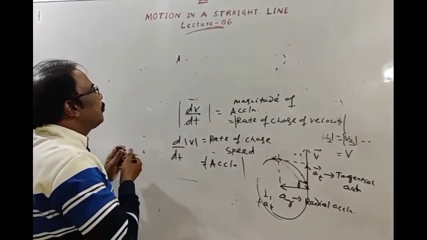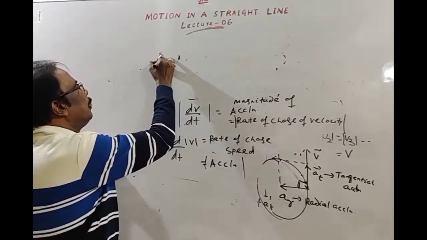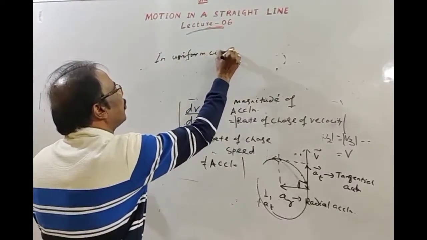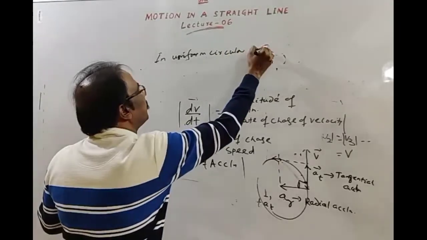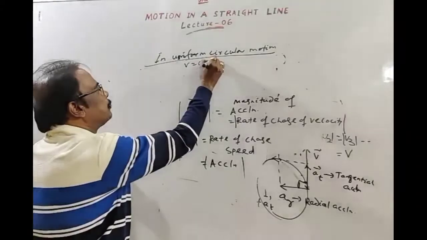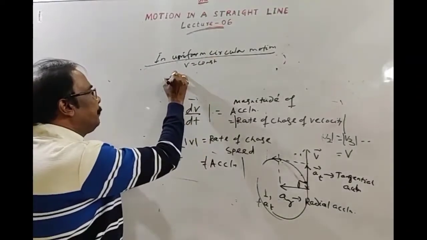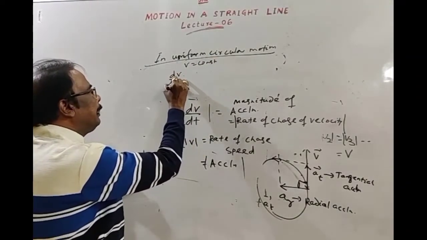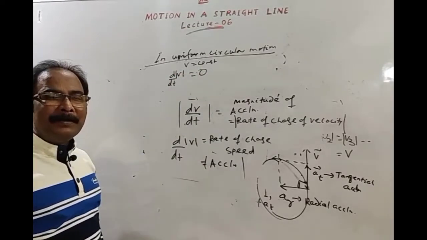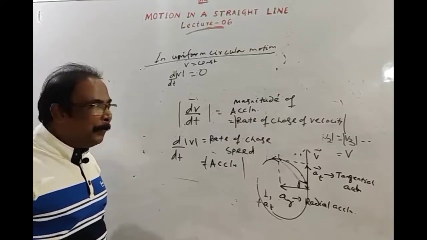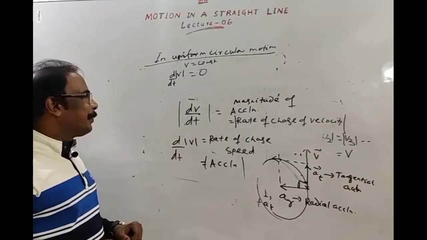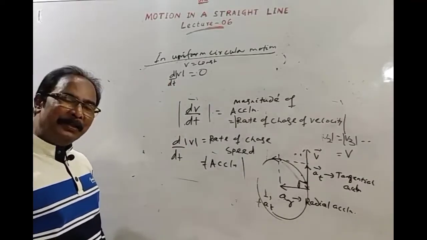Okay. So in uniform circular motion, speed is constant. Then in uniform circular motion, d by dt of speed is 0, because the derivative of any constant is 0. So in uniform circular motion, speed is constant, so rate of change of speed is 0.